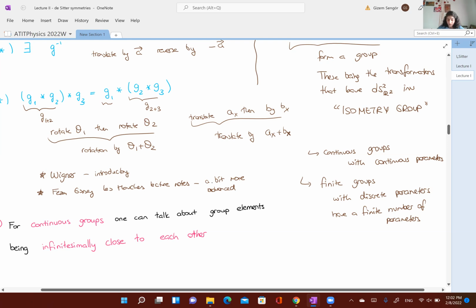Gürsey's notes are just one section of the whole set of lecture notes from the school. They're a little bit hard to find online, but you can manage to find them.